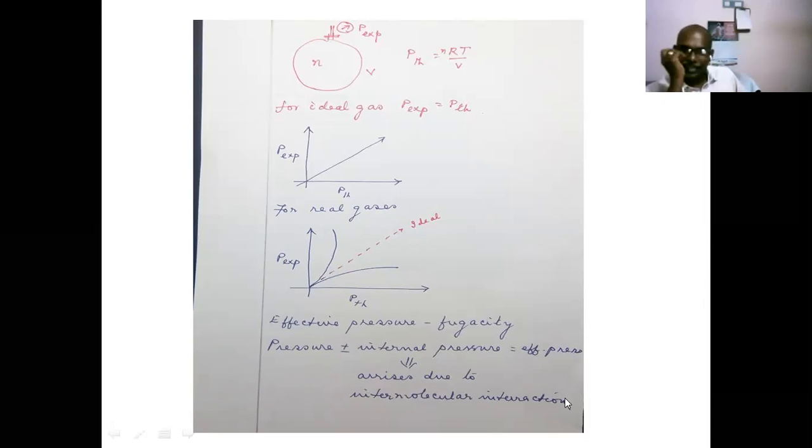Suppose if you want to understand this, I can tell you like this. Suppose many of you were hostelers. Suppose you are having a hostel where 4 people can be accommodated in a room.